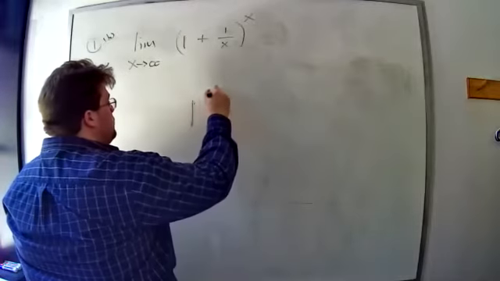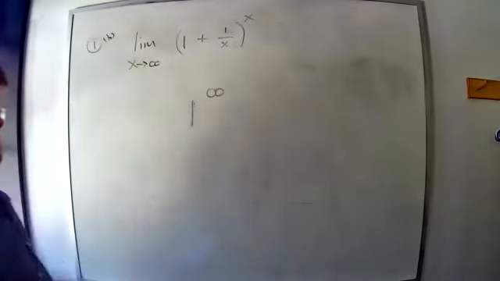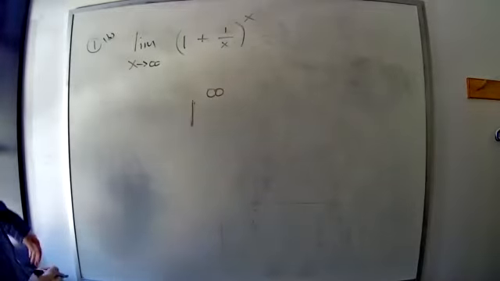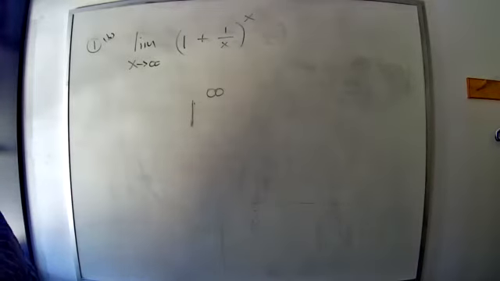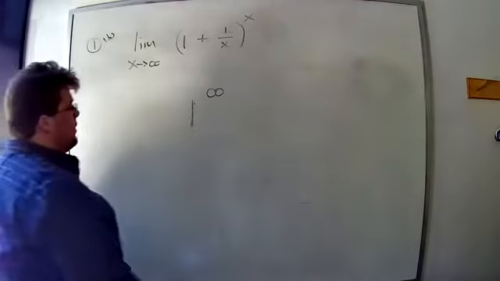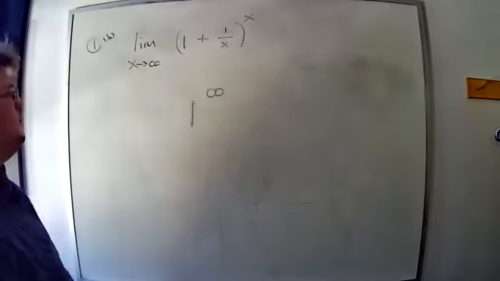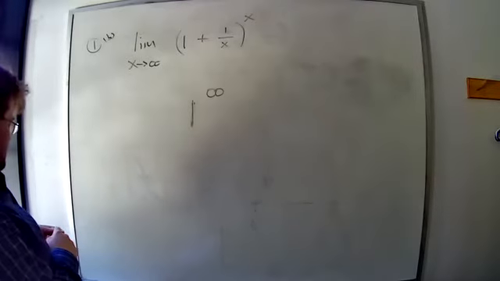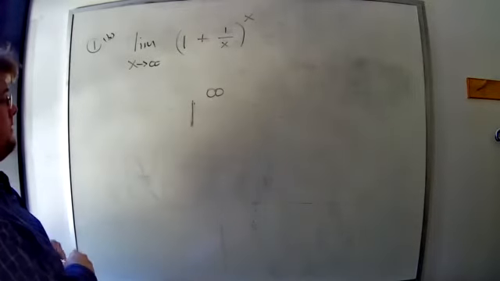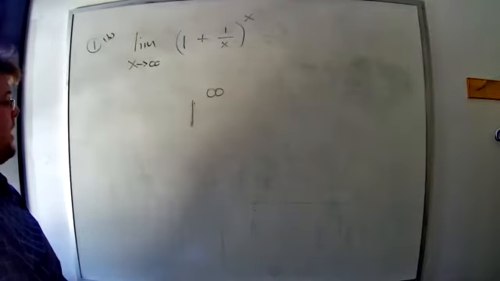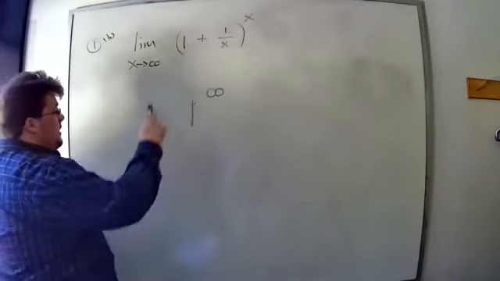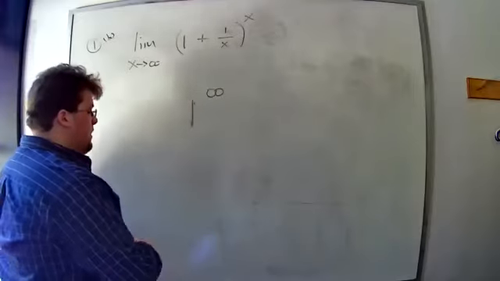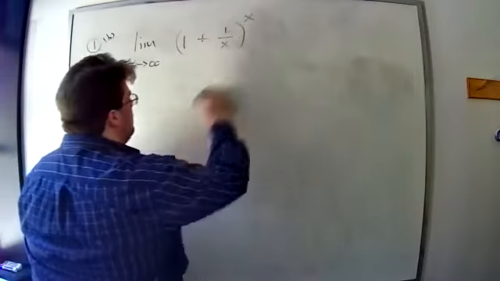The exponent goes to infinity, meaning upon a type of substitution, this limit takes the form 1 to the infinity. 1 to the infinity is not a number, but it is a form on which we can eventually apply L'Hopital's rule if we get that infinity down in front with a logarithm.